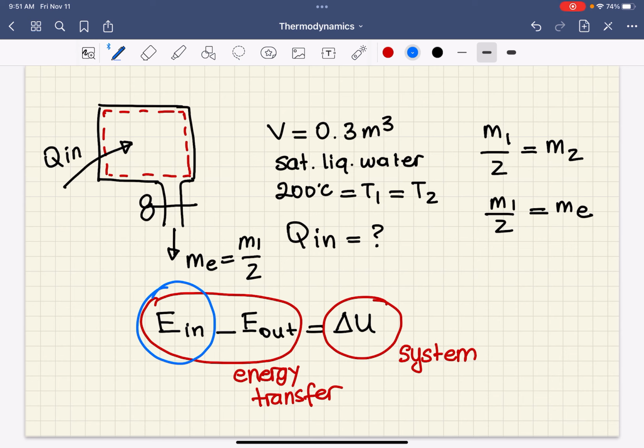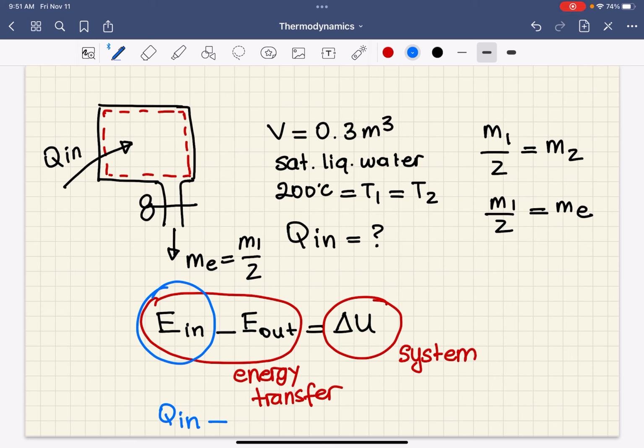There is no mass, there are no work interactions in this problem. Now we will subtract the energies that are getting out. We don't identify any heat or work getting out, so the only energy getting out is the energy carried with the mass.